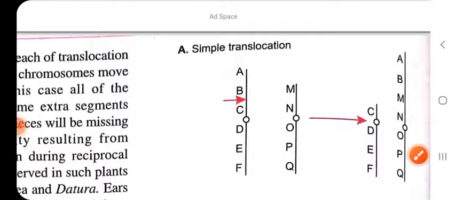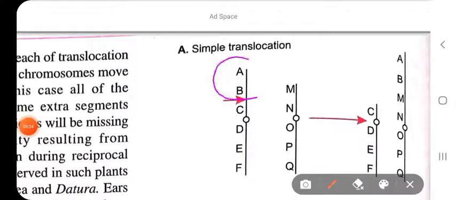In simple translocation, a small segment of a chromosome is added to the end of a non-homologous chromosome.